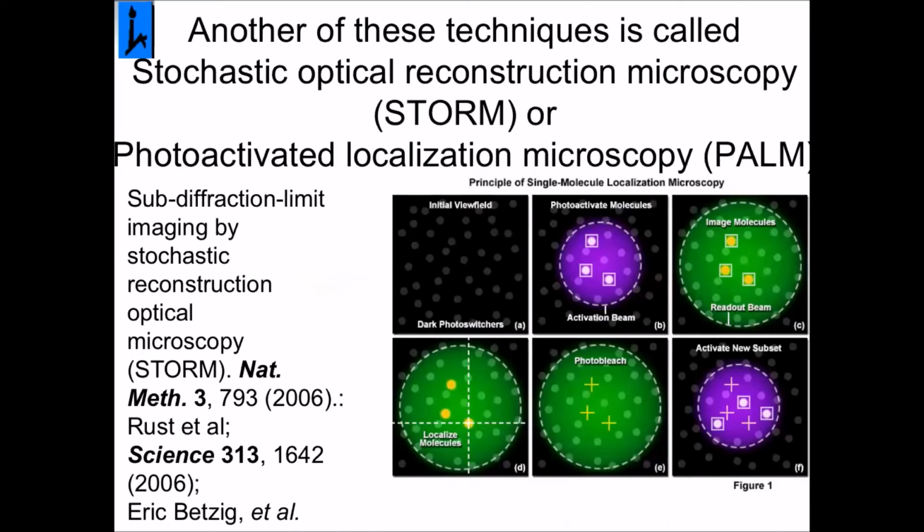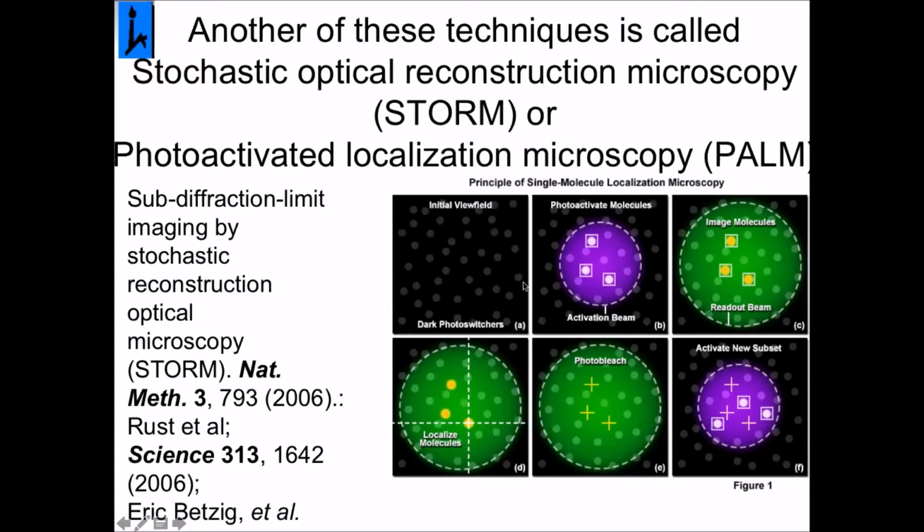There's another technique that was invented by Eric after he was at Bell Labs. He went to the Howard Hughes Institute, and this technique is called Photoactivated Localization Microscopy. Now, in photoactivated localization microscopy you densely label a sample with a fluorescent molecule.